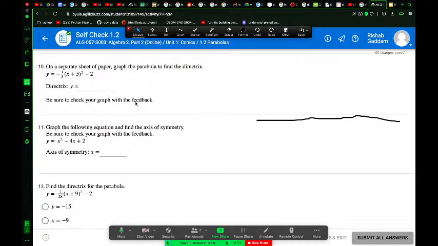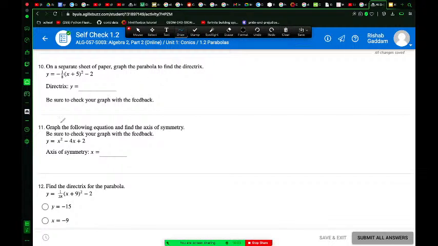Okay, so Neil, you're doing number 10, right? So y is equal to... but what variable?